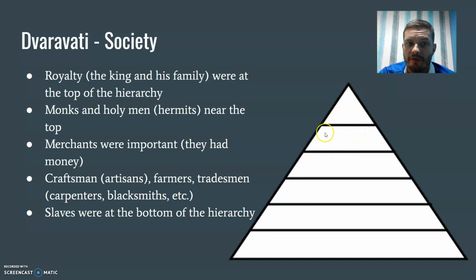Just below the king and royal family would have been holy men, monks, possibly hermits or rusi, and they would have been toward the top because we know that Theravada Buddhism was very important to the Dvaravati people, so of course they would have had a lot of respect for monks and holy men.